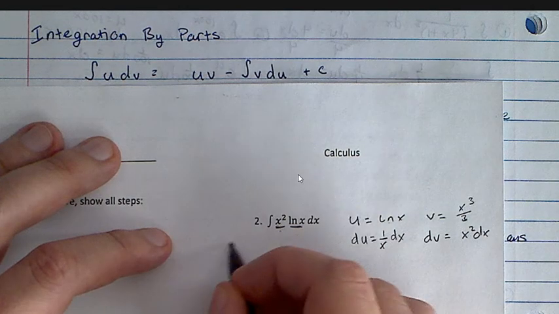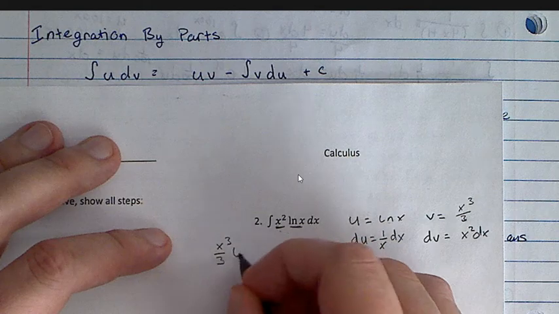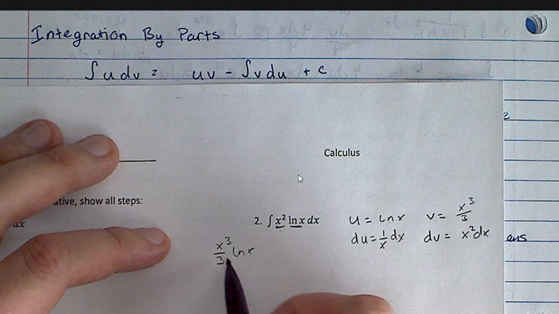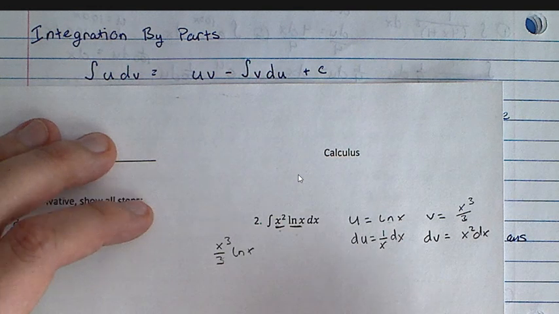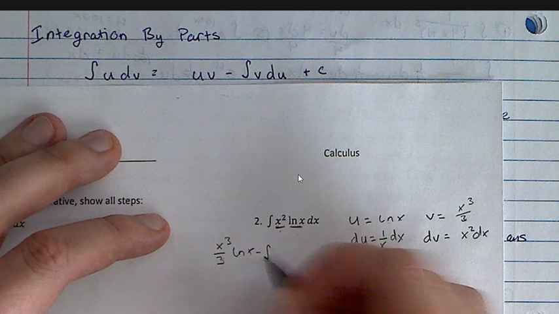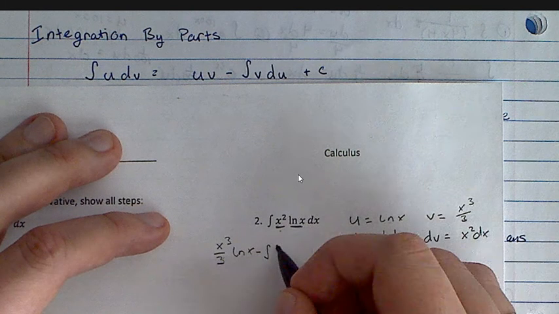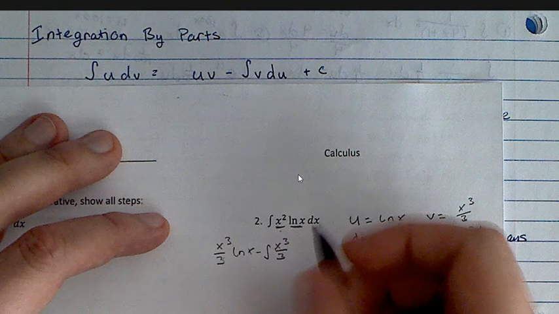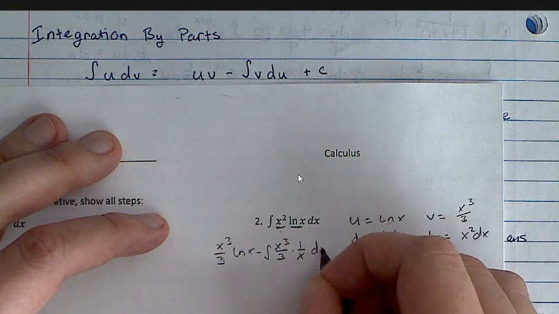So x to the third over 3 times ln x. That's uv, minus the integral of v du. So v is x to the third over 3, times du, which is 1 over x dx.